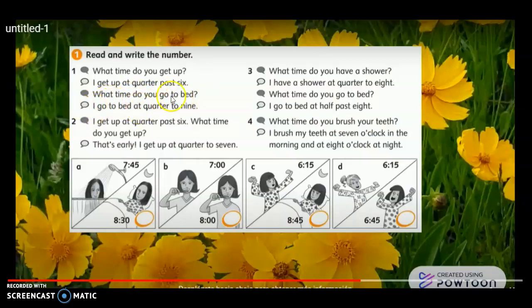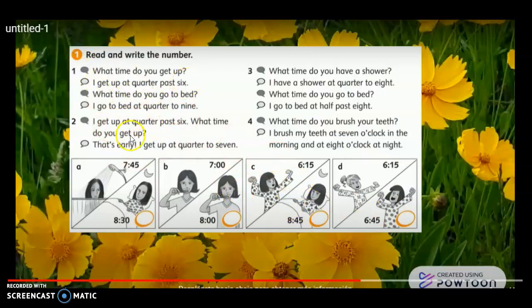I go to bed at 9:15. So, which picture are we talking about? She gets up at 6:15 and she goes to bed at 9:15. ¿Qué imagen será? Letter A, B, C or D. Van a leer la hora y van a poner la letra que corresponda. O le vamos a poner, perdón, el número en la letra que corresponde.